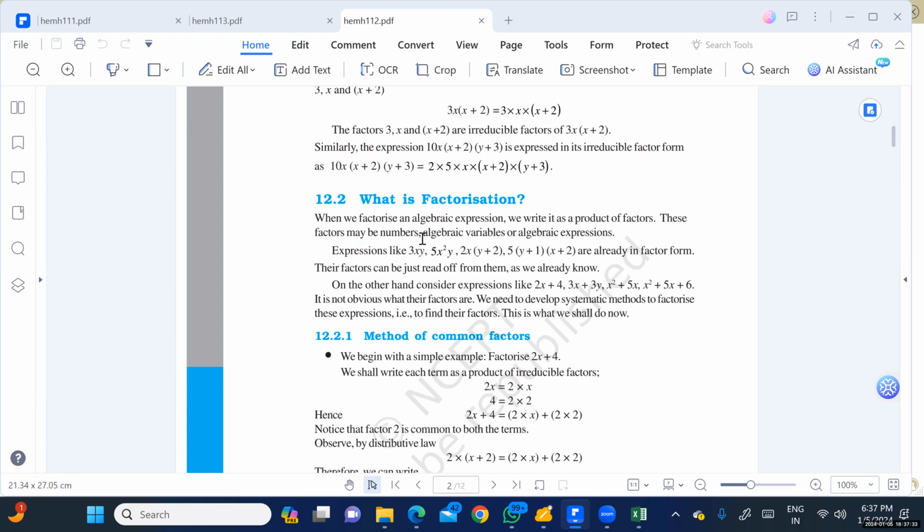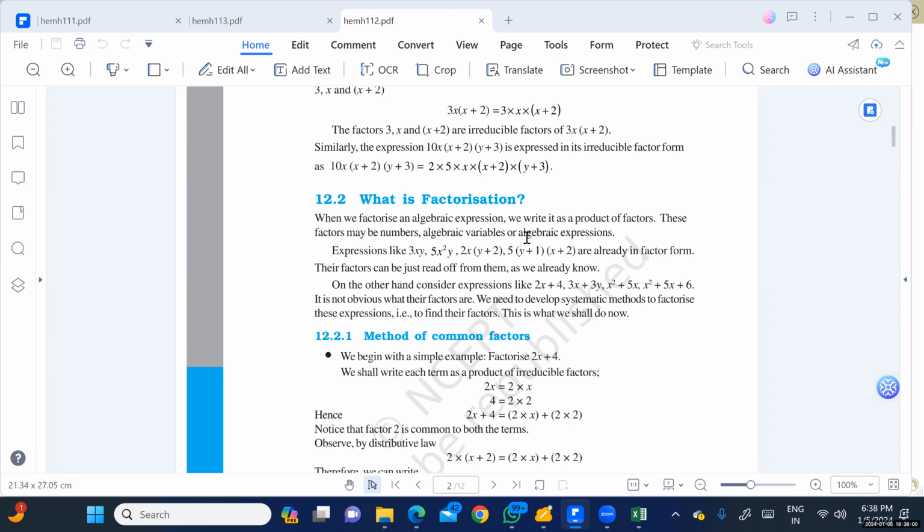When we factorize an algebraic expression, we write it as a product of the factors. These factors may be numbers, algebraic variables, or algebraic expressions. We know numbers: 1, 2, 3, 4, 5, all these are numbers.